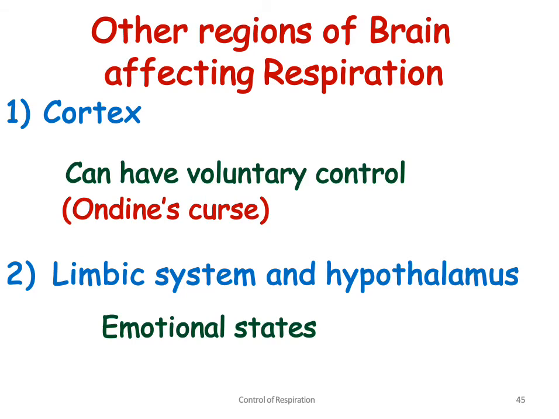Other regions of the brain that affect respiration include the brain cortex, which can have voluntary control.